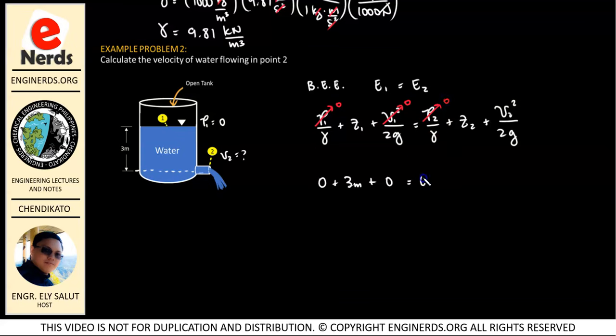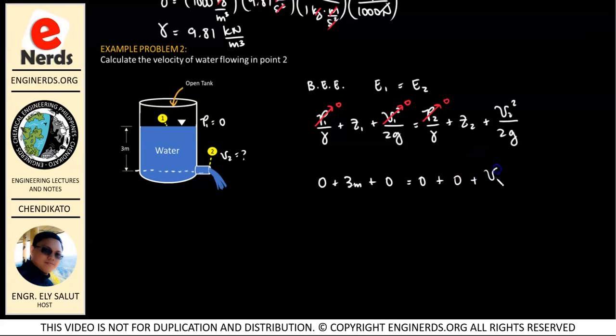So we have here 0. Plus, what is our elevation head at point 2? So this is our datum line. So our point 2 is in our datum line. So therefore, our Z2 is equal to 0. Now, ito yung kailangan nating makuha, yung ating velocity at point 2.